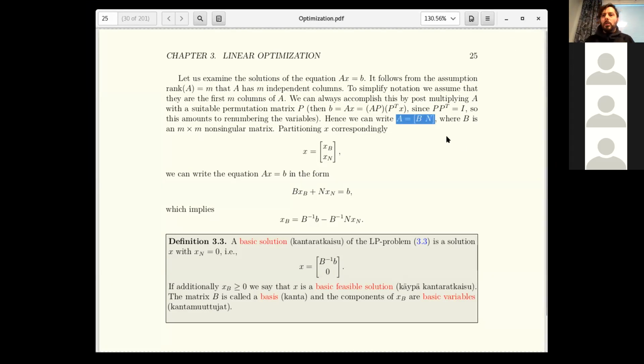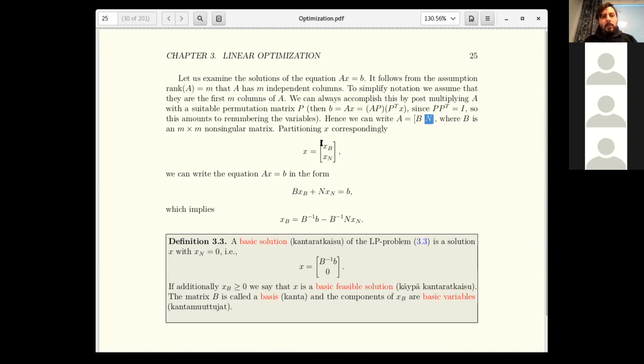To make this visually more palatable, we divide the A matrix so that we assume the first columns from the left form a block, but they could be any columns actually, and we can just rearrange the columns in such a way that we visually think of them as being the first columns. This B part here is a square matrix, and all the rest is in this N part.